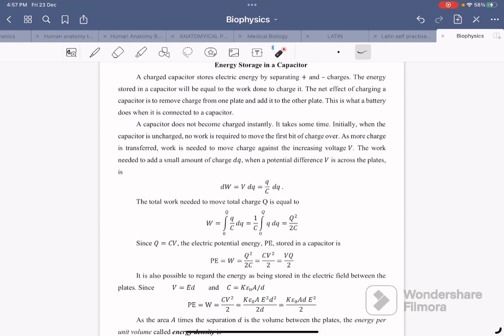So with the application of mathematics, we know that 1 by C, which is capacitance, can be taken out, and we can integrate the charge with respect to the smallest charge dq.